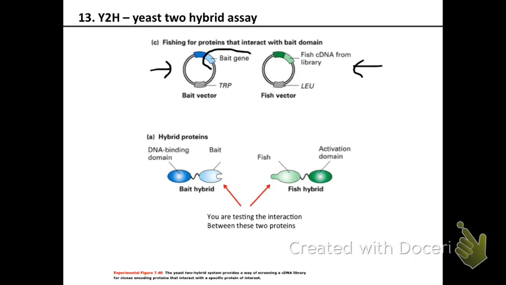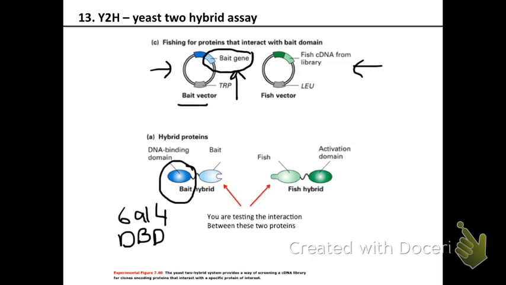For example, if you are interested in all the protein interactions that one of your candidate proteins makes, that would be your bait protein, right? You would clone the DNA fragment encoding that bait protein into this yeast plasmid. And you clone it in a way that fuses your bait protein to the DNA binding domain of a yeast transcription factor. In most cases, this is the GAL4 DNA binding domain.